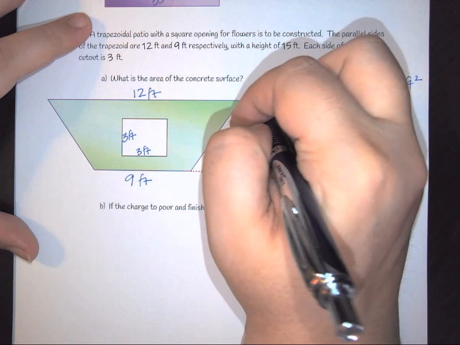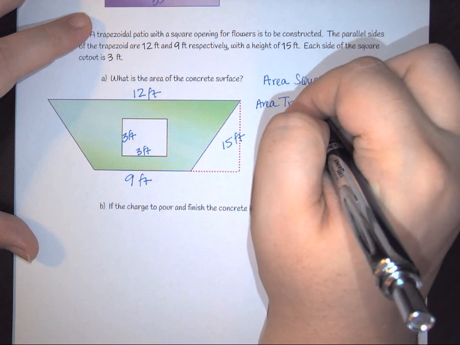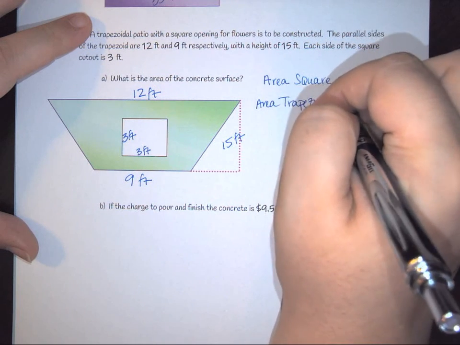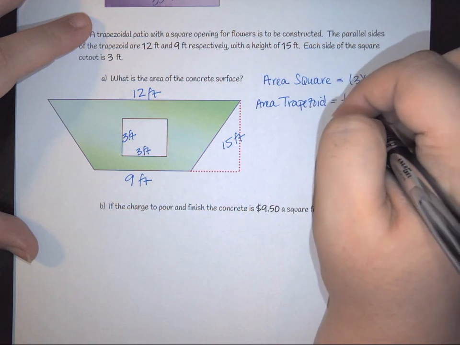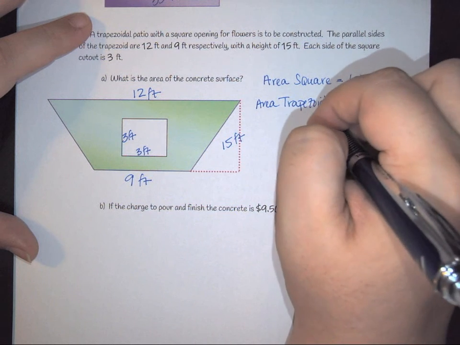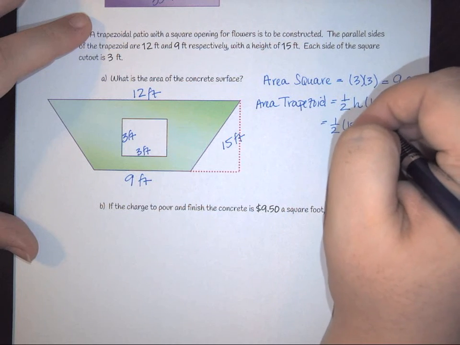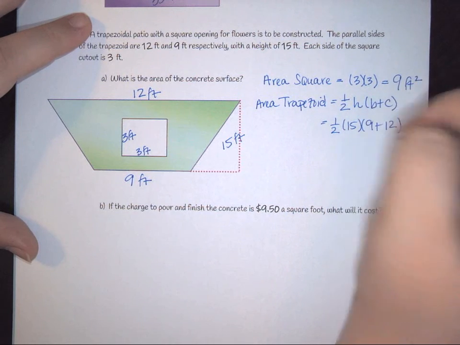The second is I need to know the area of my trapezoid. Again, 1/2 height times b plus c. So this is going to be 1/2 times 15 times 9 plus 12.